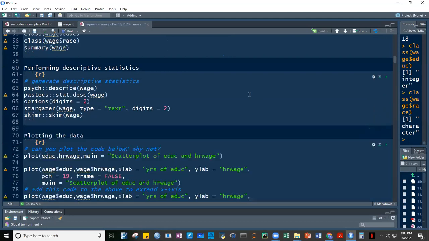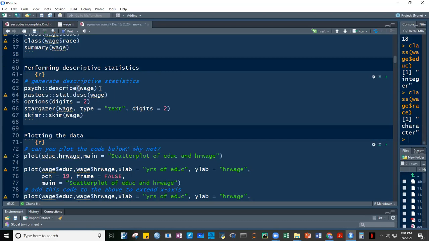Alright. So oftentimes, guys, pag nag-analyze tayo, kailangan tingnan muna natin descriptive statistics. Okay, the describe function in the psych package will give us some descriptive statistics. Okay, why did we put here psych? I placed here psych para alam natin kung saan nanggagaling yung describe function. Now, oftentimes, there are other packages that use that function describe.